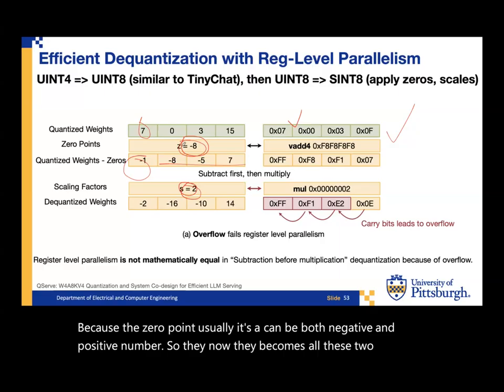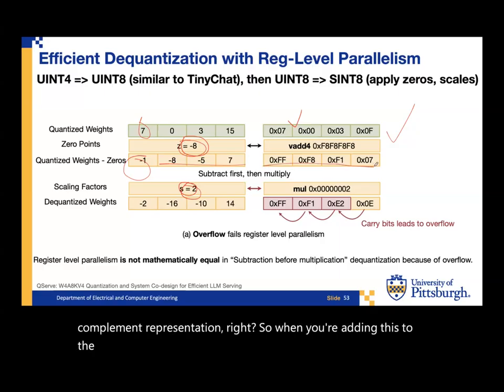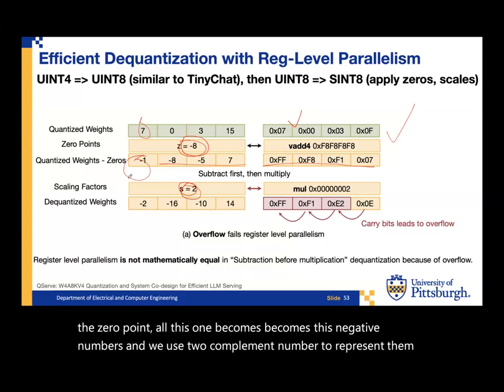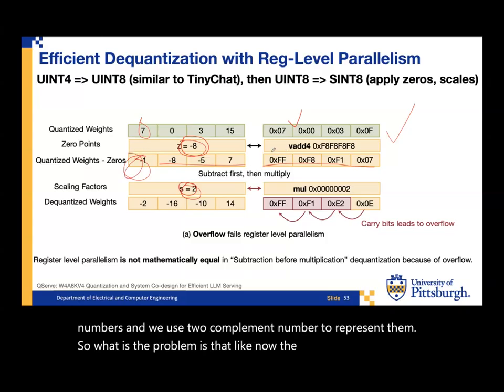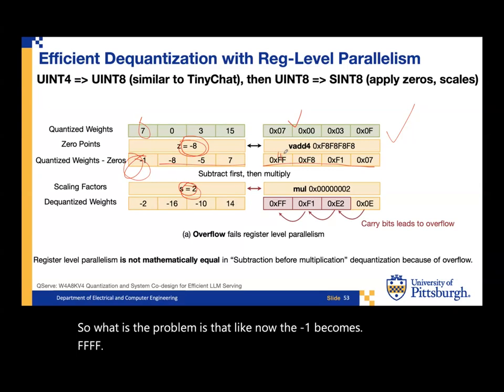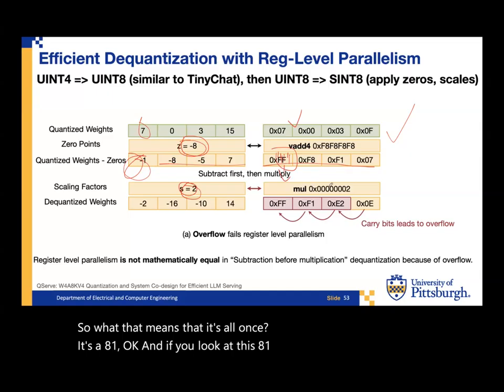So when you're adding this to the zero point, all these become negative numbers, and we use two's complement numbers to represent them. So the problem is that now the -1 becomes FFF. What that means is that it's all ones, right? It's an 8-bit 1s. And if you look at this number, then you multiply with the scaling factor.